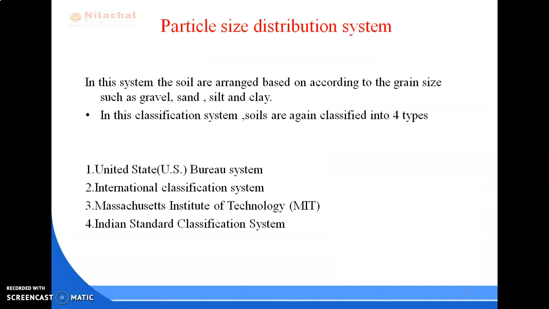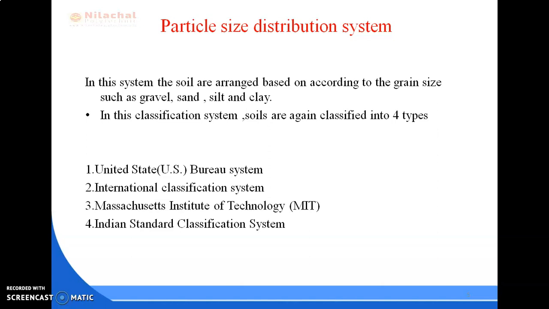So first is the particle size distribution system. In this system the soils are arranged according to the grain size, such as gravel, sand, silt and clay.